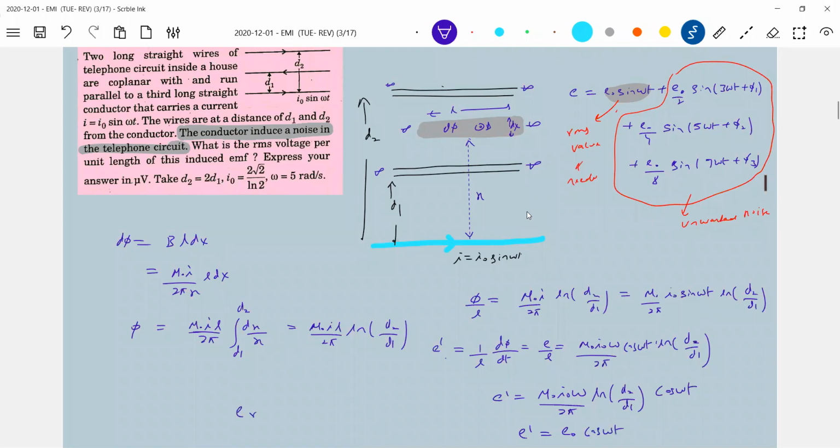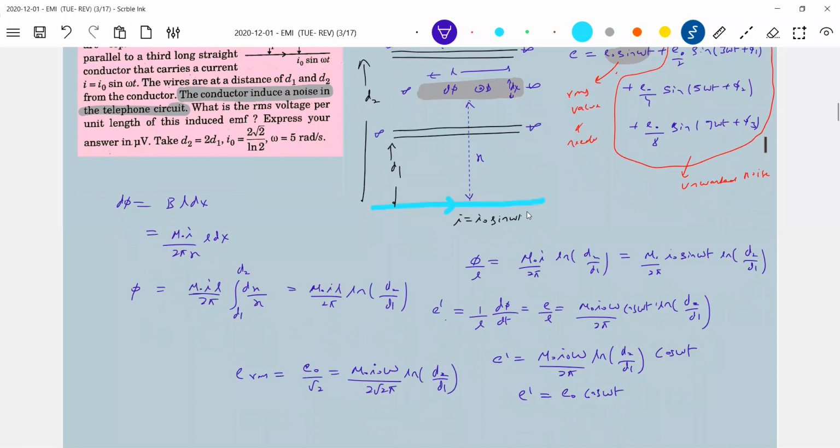So what is the RMS value per unit length? Actually it is E naught by root 2, which comes to 2 microvolt per meter.